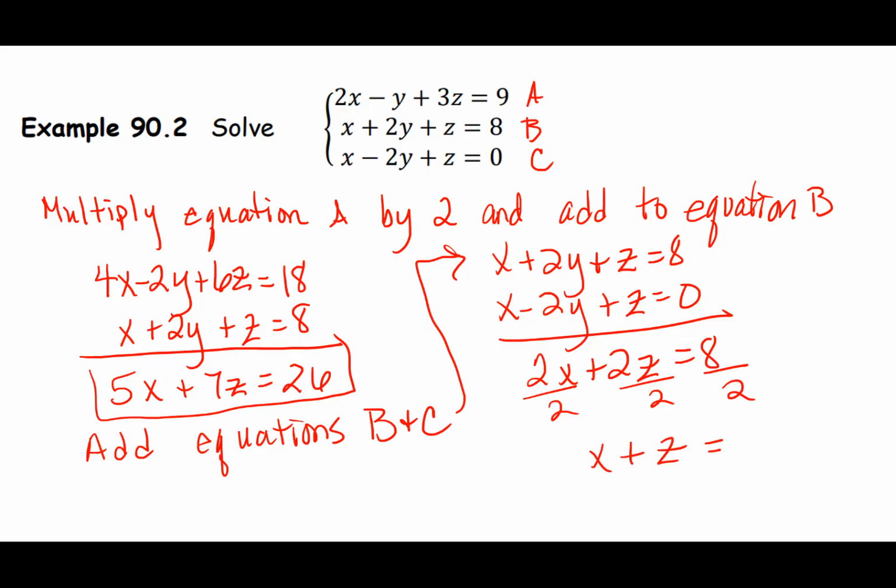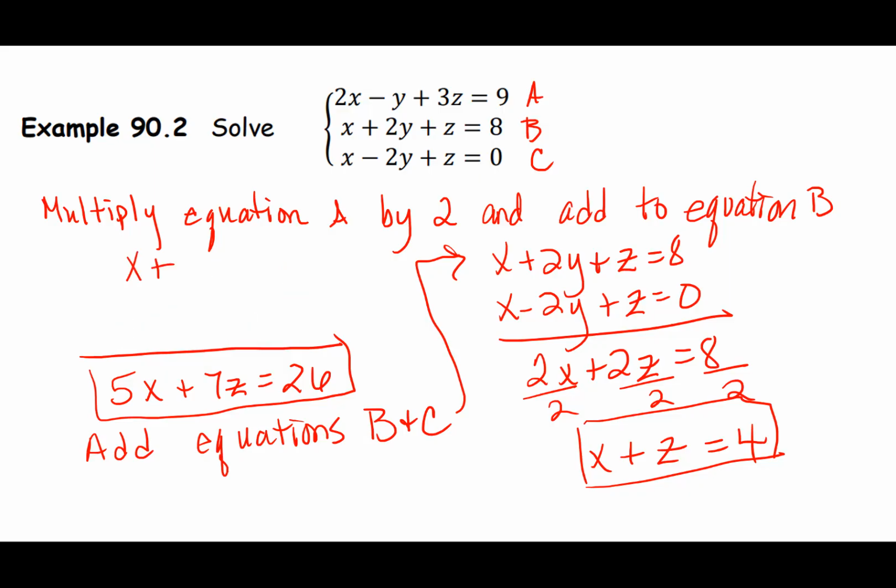I noticed that there was a common factor of 2 everywhere. So now I have my two equations. I've got x plus z equals 4, and I've got 5x plus 7z is equal to 26.